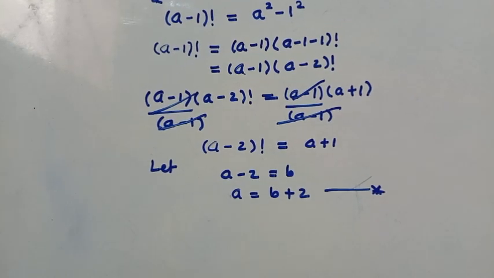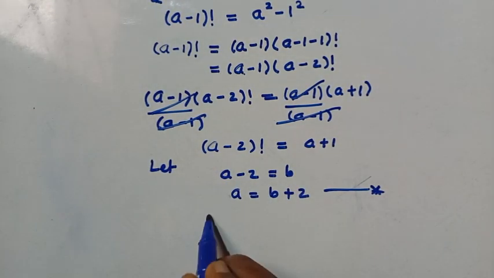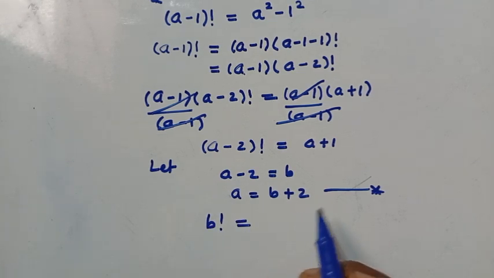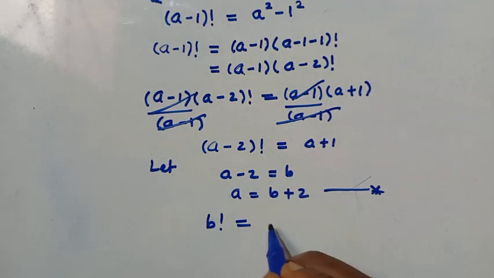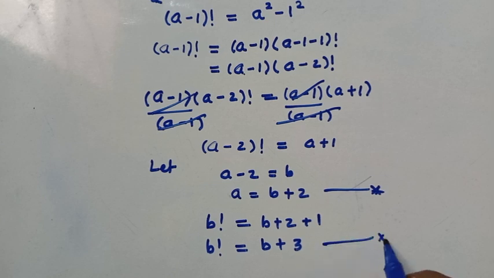Then in the next step, a minus 2 is b, so this becomes b factorial equals a plus 1, but a here is b plus 2. We have b plus 2 plus 1, so b factorial equals b plus 3.